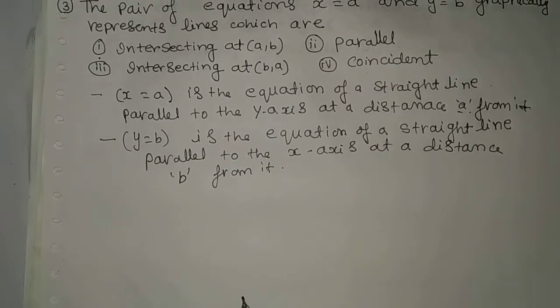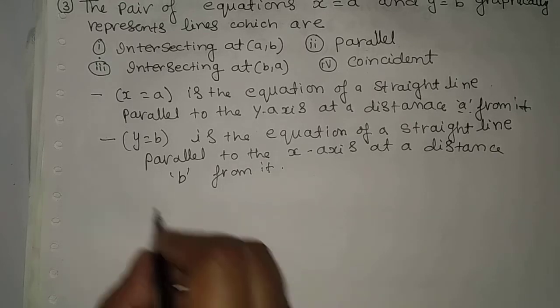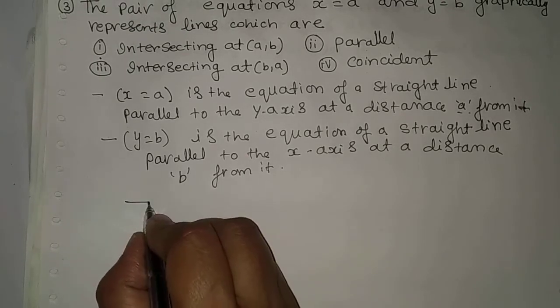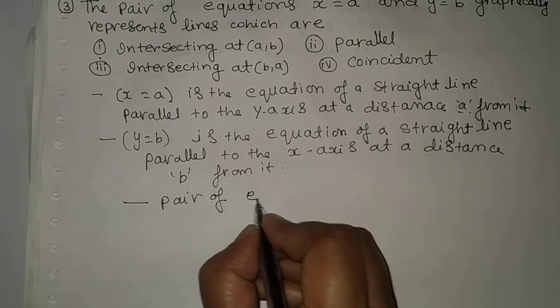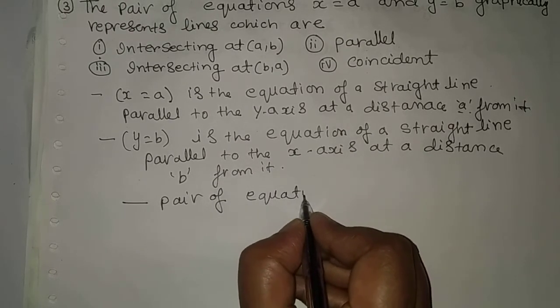So the pair of equations x is equal to a and y is equal to b graphically represents lines which are intersecting at a point. So this is the solution for this question.